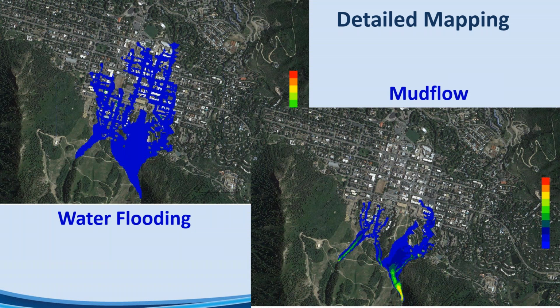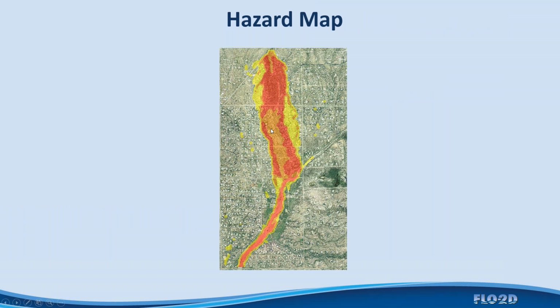But I would define the flood hazard to the general public with these types of maps so that they could see that their home is in a high hazard area, and not look at this just in terms of a flood insurance rate map in which you have to know the base flood elevation and the water flood elevation in order to determine whether you're going to be inundated or not.